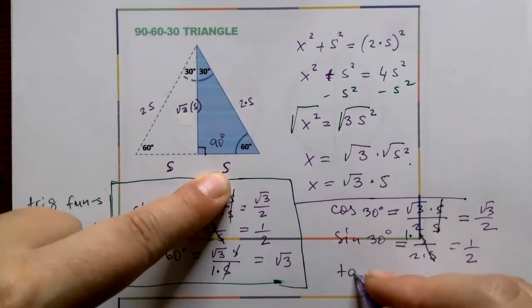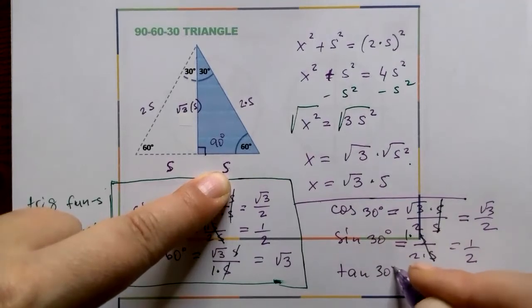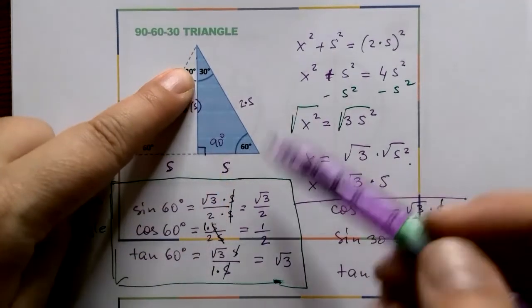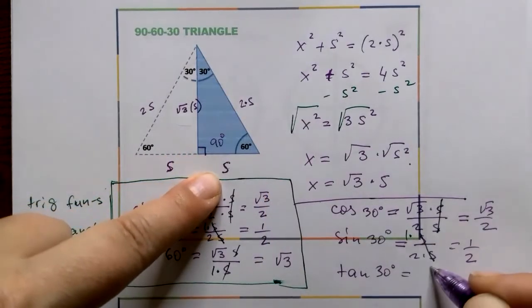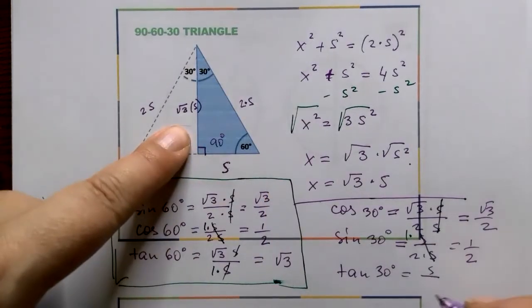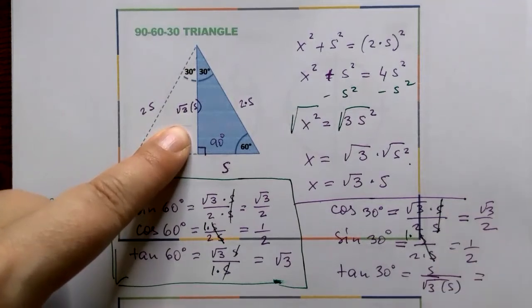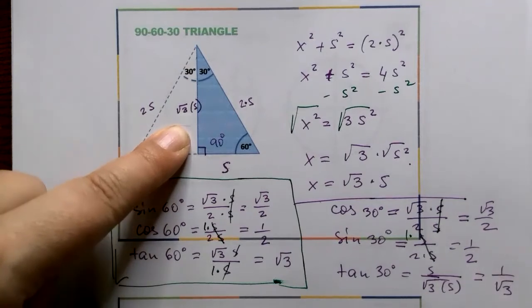For the tangent of 30, tangent is opposite over adjacent, so we have s over square root of 3 times s. After we cancel s out, we have 1 over the square root of 3.